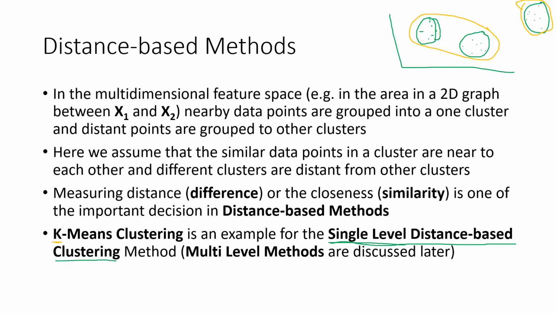So this is hierarchical clustering, where inside the orange cluster there can be multiple green clusters. But if you don't have any multi-level clustering, this is known as single level clustering. So the K-means algorithm is a single level distance based clustering.